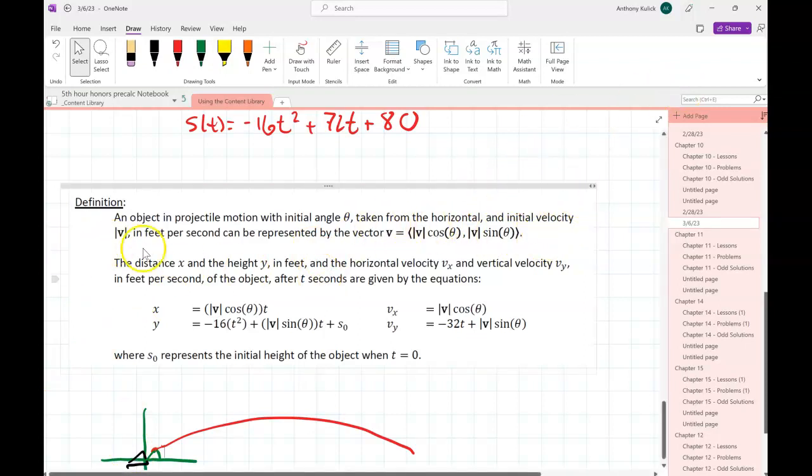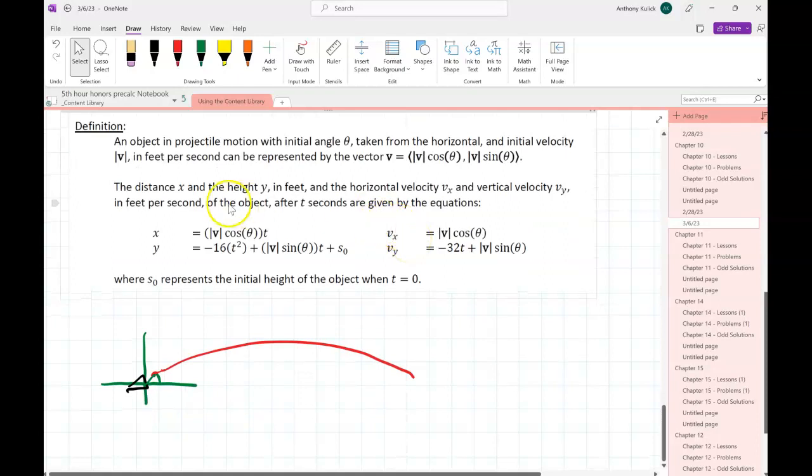And the initial velocity is the magnitude of this vector v, where that vector is the magnitude of the velocity times cosine theta, comma, magnitude of the velocity times sine theta. So it's basically the horizontal component of velocity and then the vertical component of our velocity.